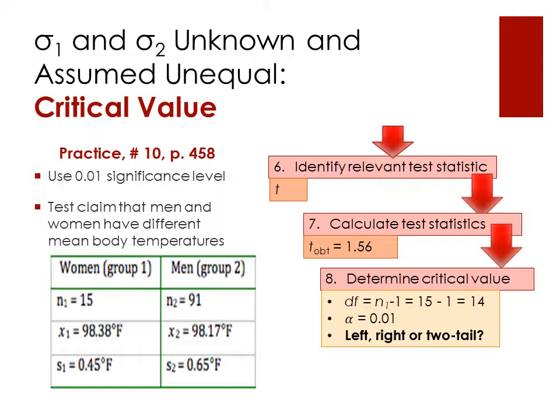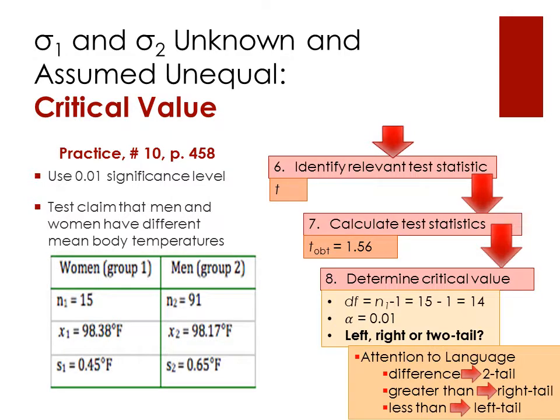And the last question here is whether I have a left tail, right tail, or a two-tail test. Now, pay attention here to the language in the problem. If it's asking me to solve for a difference, then I'm conducting a two-tail test. If it's asking me to solve for a value that's greater than, I am conducting a right tail test. If it is asking me to solve for the value that is less than, I am solving for a left tail test.